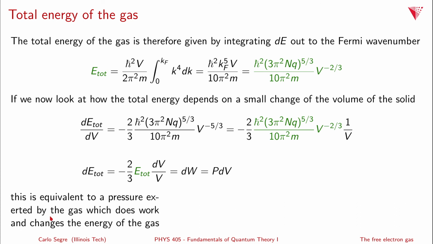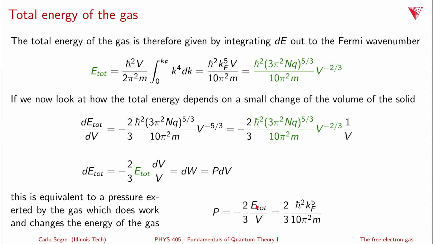So this electron gas exerts pressure on the box and can do work by expanding it. And this all comes from understanding the energy as a function of volume and all these other parameters in the electron gas. So we can get the pressure of this free electron gas as being 2/3 times the total energy divided by the volume.